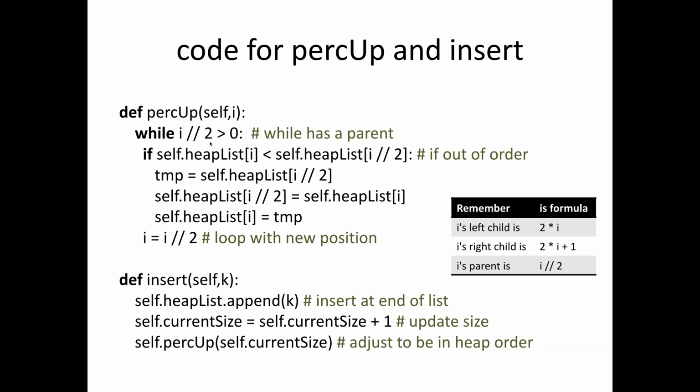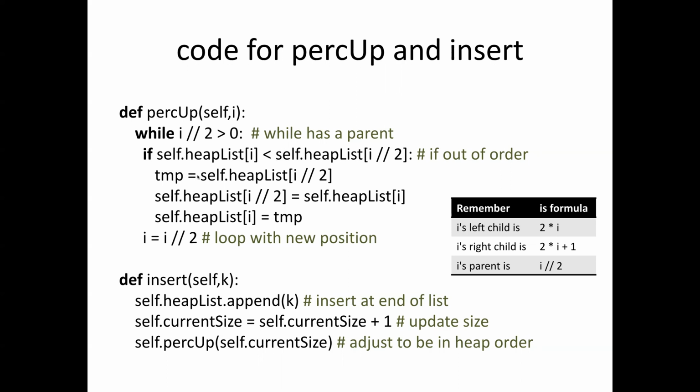So that just means you have a parent. Now, if you have a parent, and if the i-th number in that heap list (remember it's a list, although we think about it as a tree) is less than its parent, at i divided by 2, that means, because this is a min heap, you're supposed to be greater than or equal to. If it's less than, it's out of order, and we fix that.